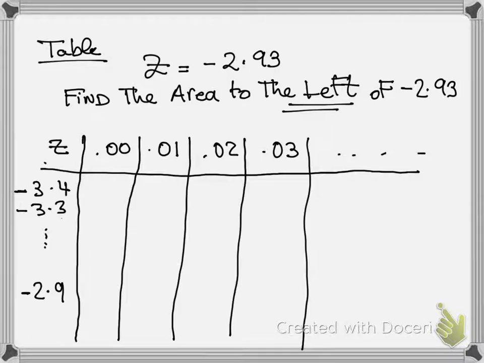So this here is the nearest hundredth. And the first column represents the value to the nearest tenth. So this is the nearest tenth.